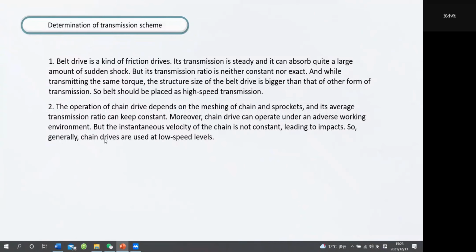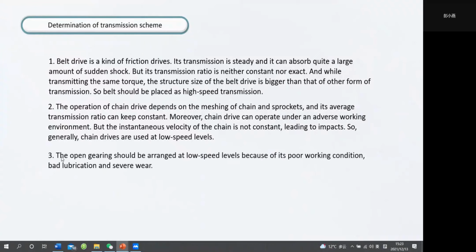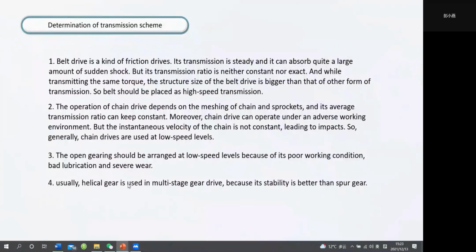So generally, chain drives are used at a low speed level, and the open gearing should be arranged at low speed level because of its poor working condition. And usually, helical gear is used in multi-stage gear drive because its stability is better than spur gear.